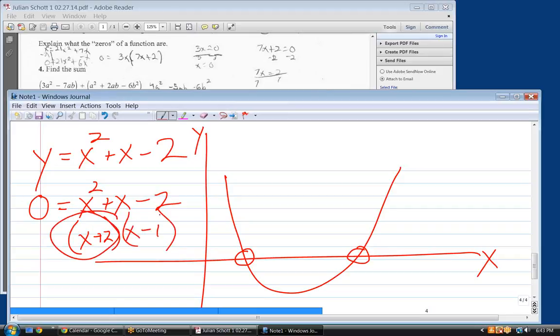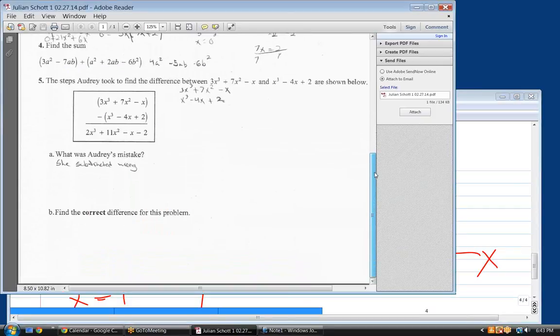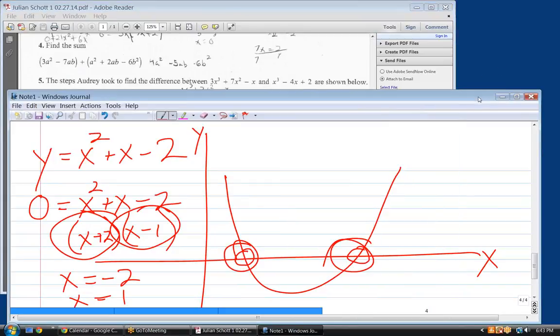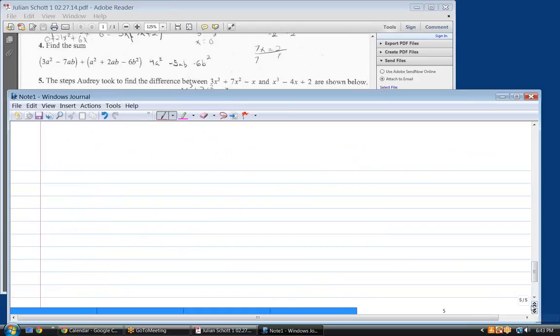Then I set each one of these equal to 0, so my two solutions would be x equals minus 2 and x equals 1, which would be the two places it crosses the x-axis. Okay. That's how you want to explain it. And I despise questions that ask for explanations in English, but what can you do? Yeah. You gotta live with the teacher you have, huh?